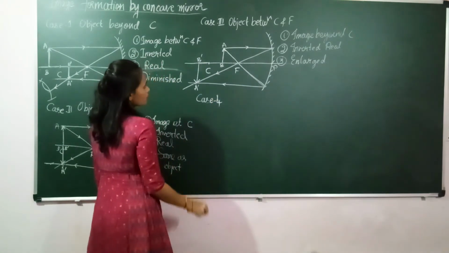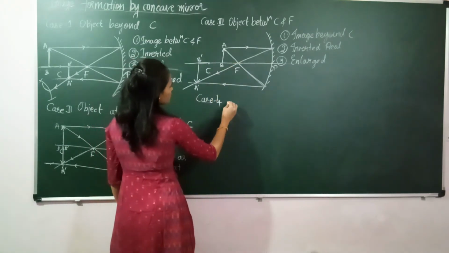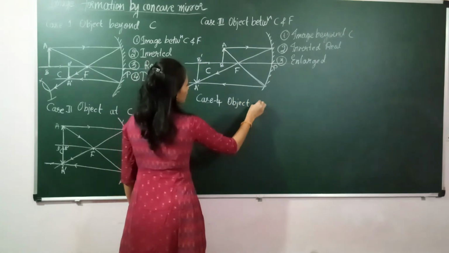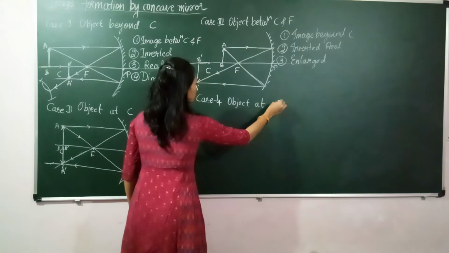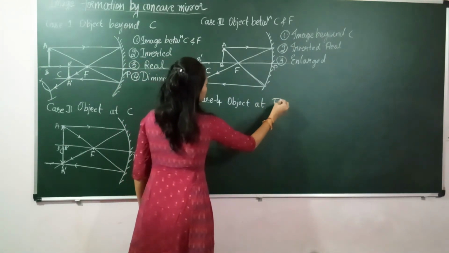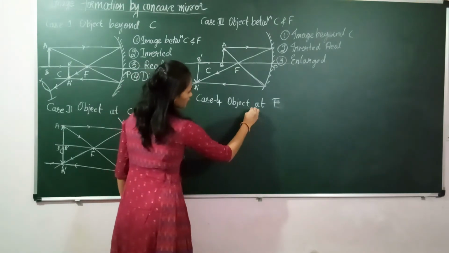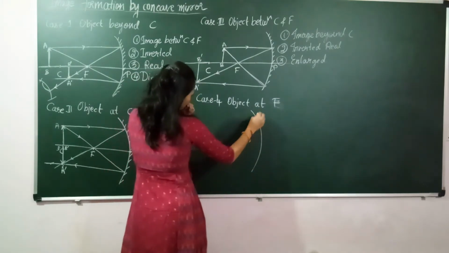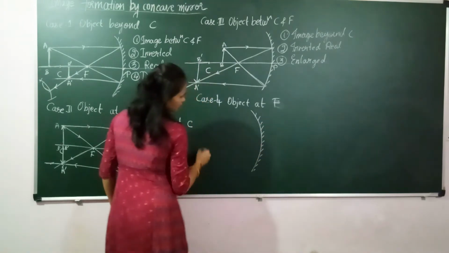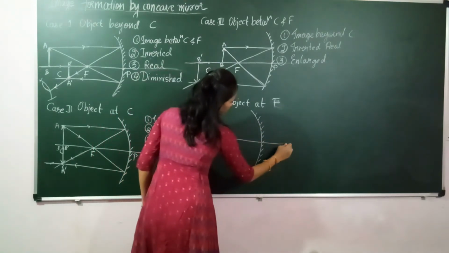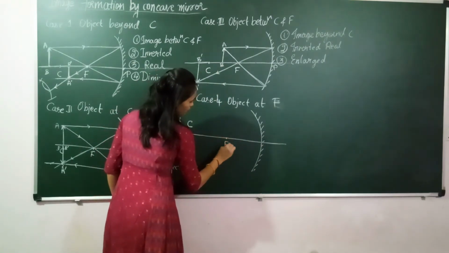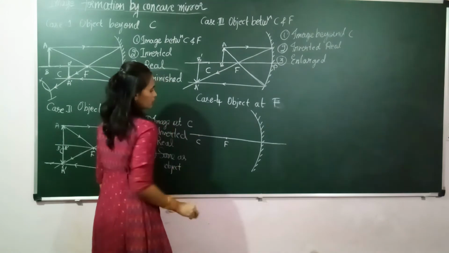In case 4, we will place the object at the focus. When the object is placed at focus, how will we get the image? So this is the concave mirror, focus point, center of curvature.